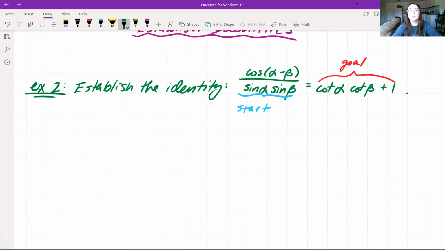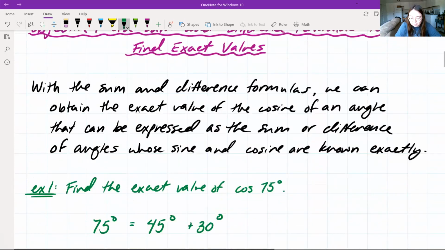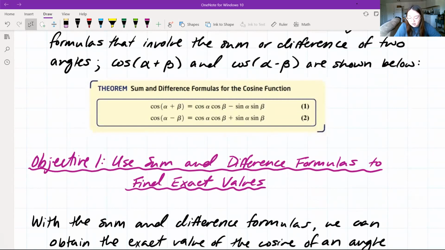So first things first, we want to expand out cosine of alpha minus beta. We want to use our formula to express this differently. We can go back up and look at our formula here.